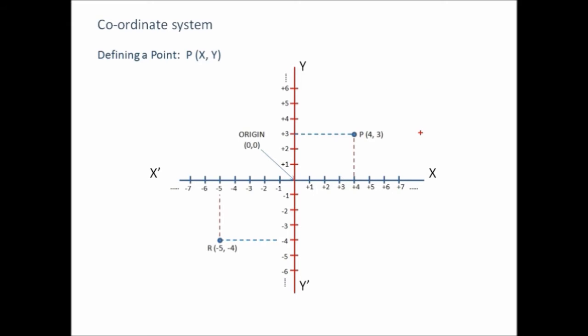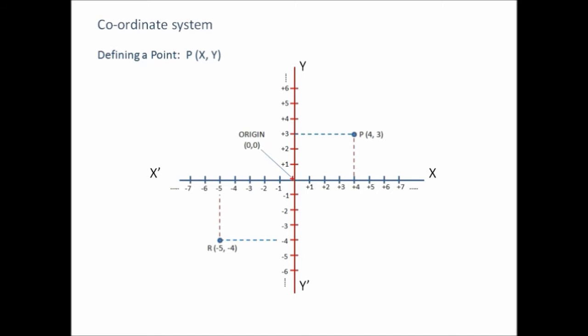Now we will plot it on coordinate system. On this coordinate system, there are positive values in x direction and in y direction. We will move 4 points in x direction and from there we will draw a line parallel to y-axis.